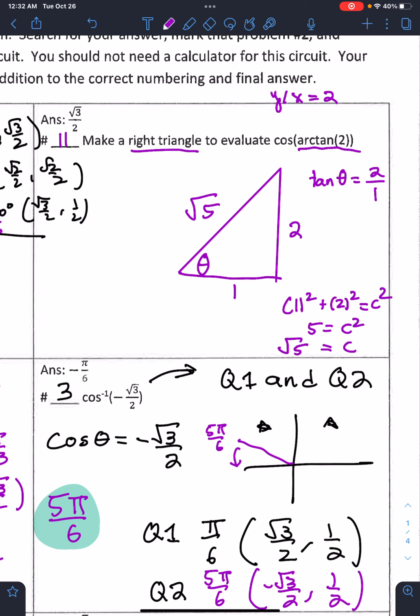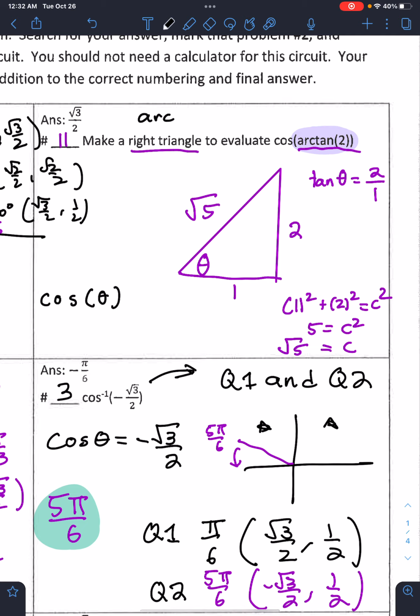So this is a weird part, and right now I'm just focusing on arctan of 2. So what I'm going to say for this is cosine of theta. I am saying that the answer to arctan of 2 is just theta. There is some angle that I don't know that will give me 2. And that's why I'm writing theta here.